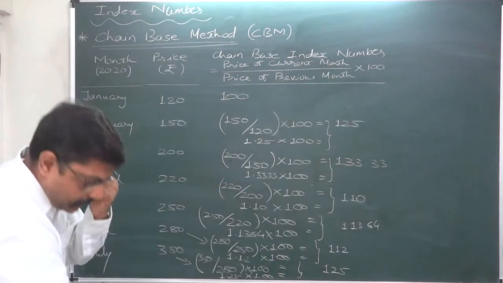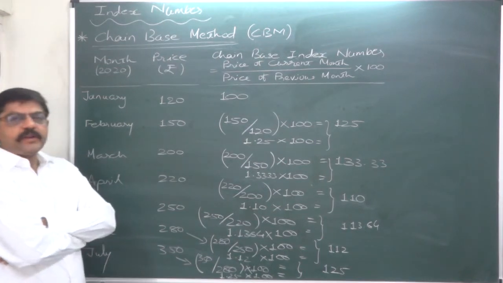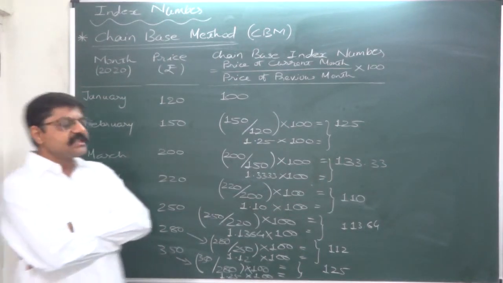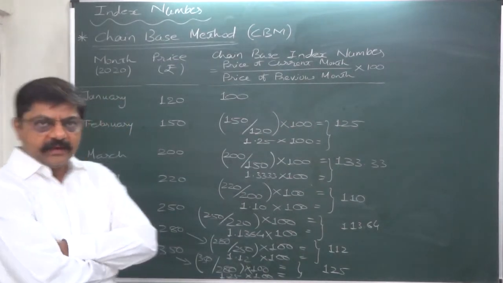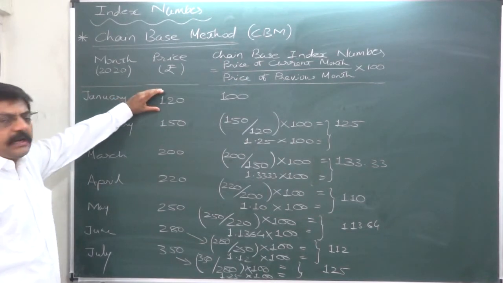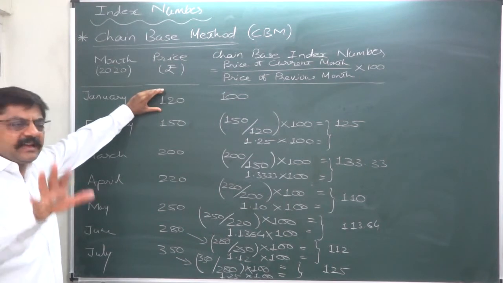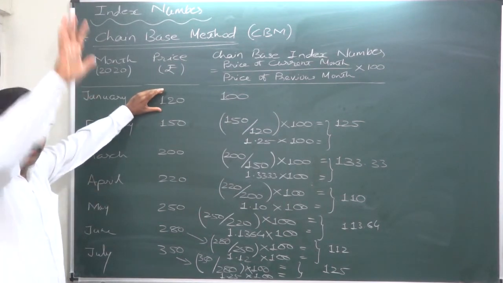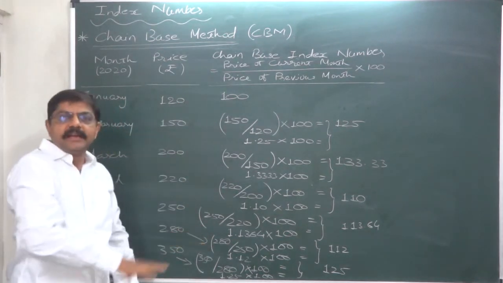So now I hope that in your mind the difference between fixed base method and chain base method will be very clear. In case of fixed base method, we keep the base period or base year fixed. Any one year is taken as base year for the whole time series for which we are going to calculate the index numbers.